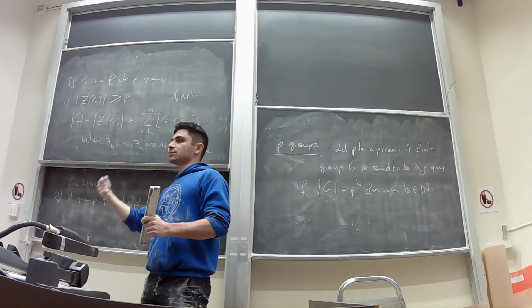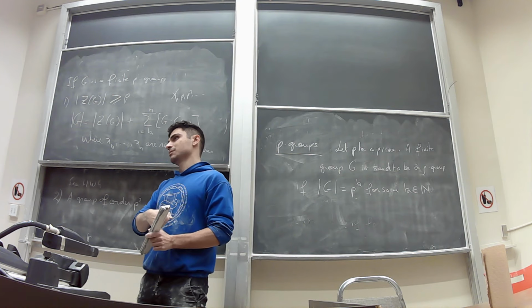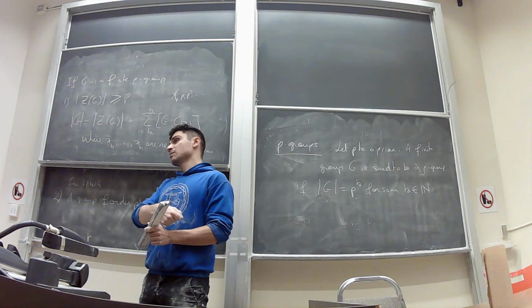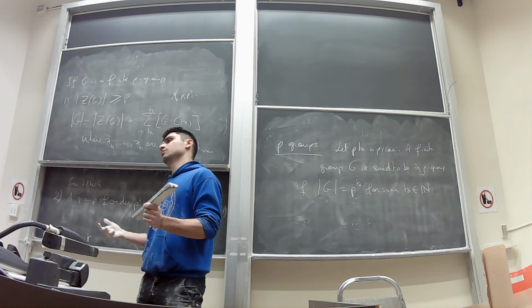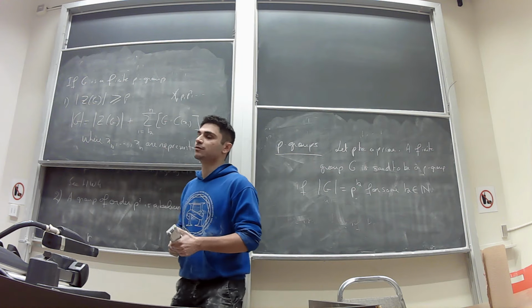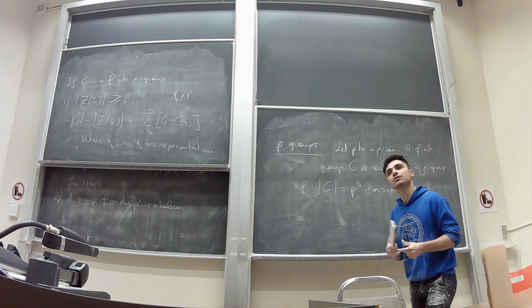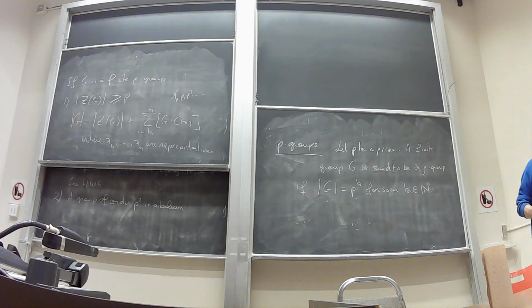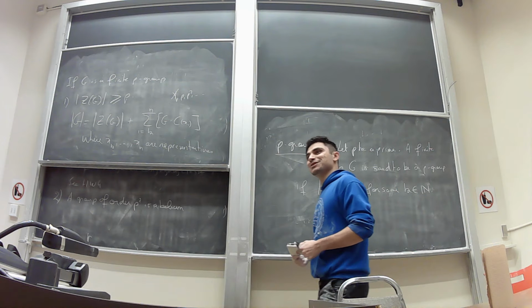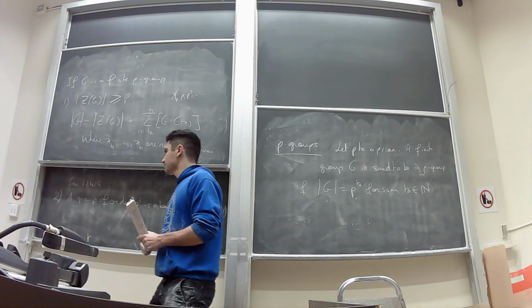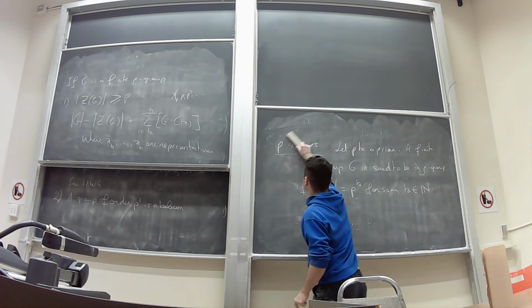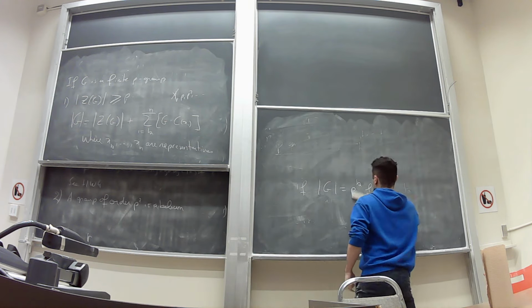You can't say if G is abelian then G has order p squared. You can find a group of order p cubed, for example, that is not abelian. Very good question. Not all p-groups are abelian, if that's what you're asking. Okay, now we'll do that small proof by induction.